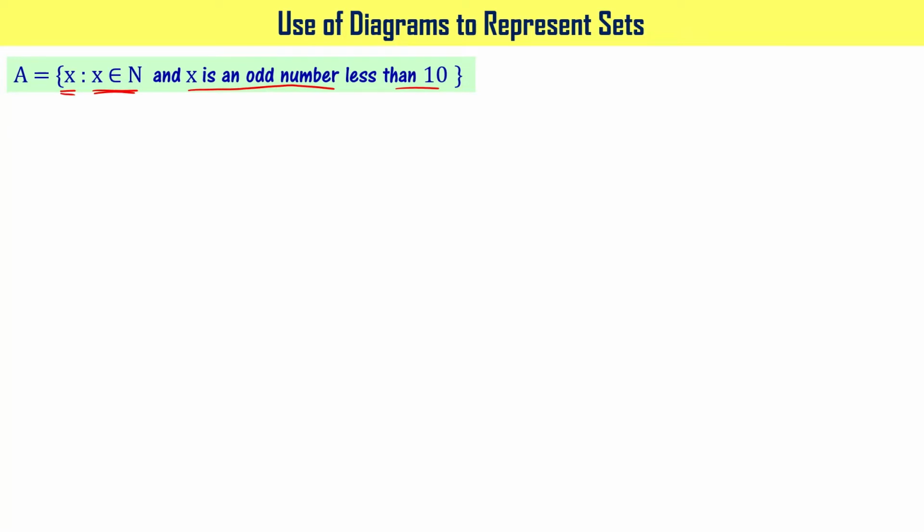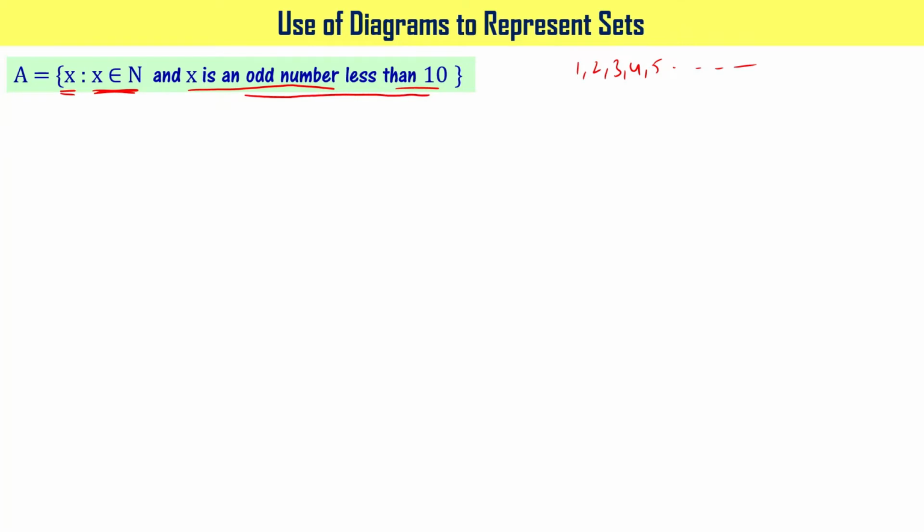When you say X belongs to N, it means X is a natural number, right? Meaning the numbers are going to be 1, 2, 3, 4, 5, and so on. There is no limit to it. But there is another requirement here in the set definition. It says that X is an odd number and less than 10.